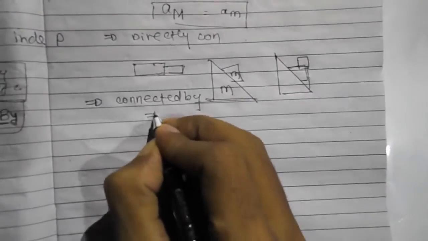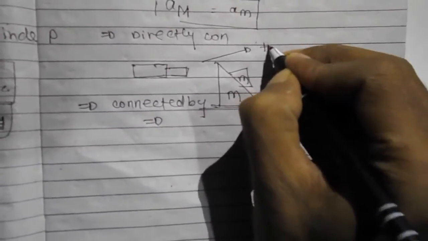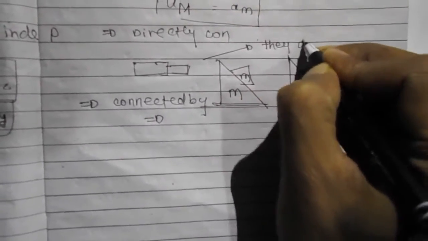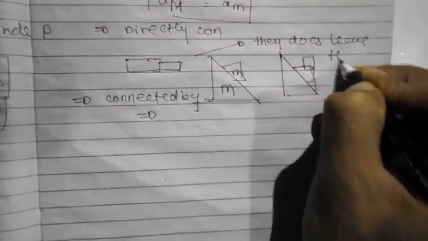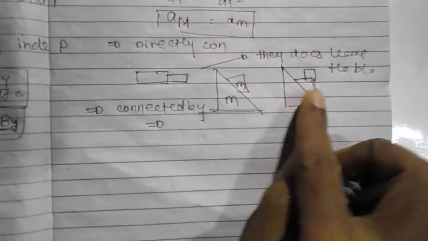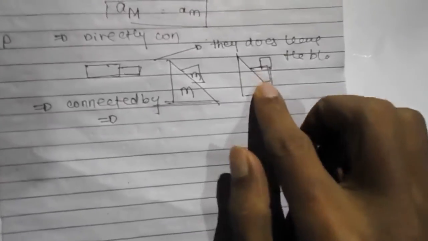So you have seen how to handle bodies connected by string. What is the geometrical constraint here? They do not leave the block, and the contact point is not going to vanish here.